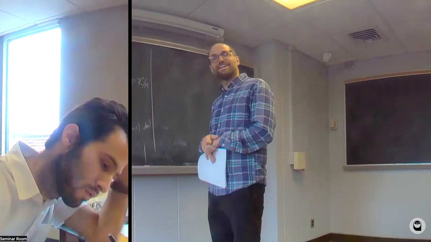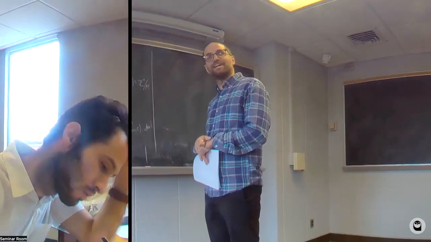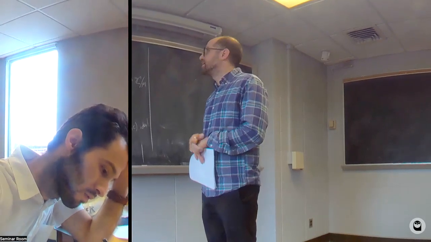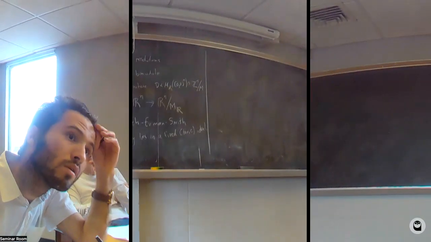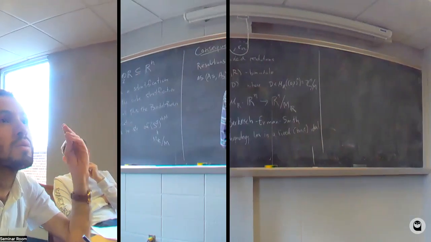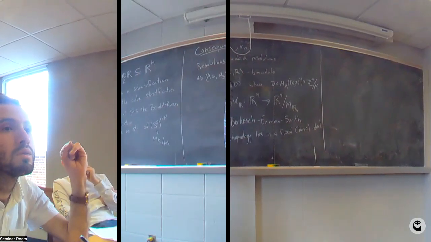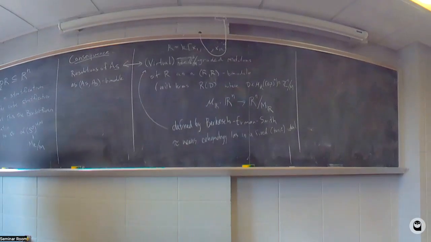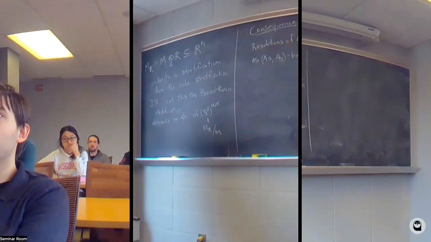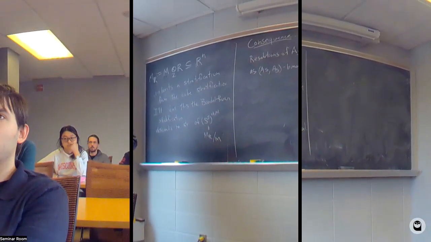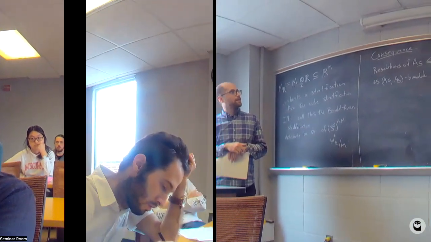When you said graded resolutions, you can mean graded by Z to the n over m, multi-graded resolutions of the diagonal. So we're resolving R here, or is this a resolution of the diagonal?